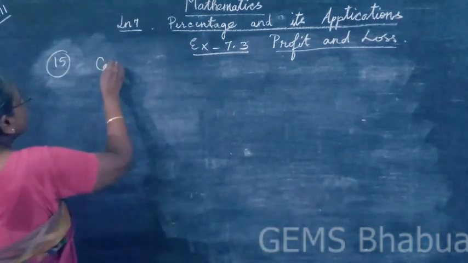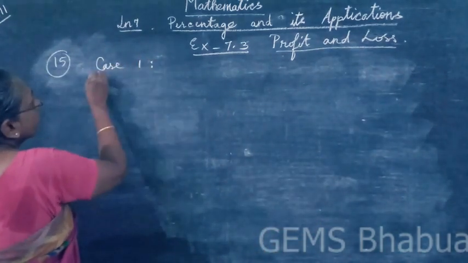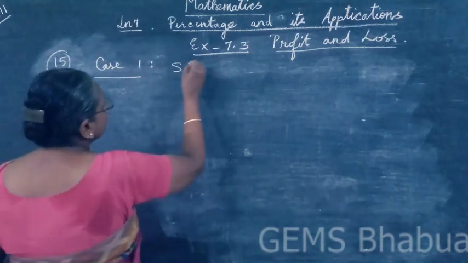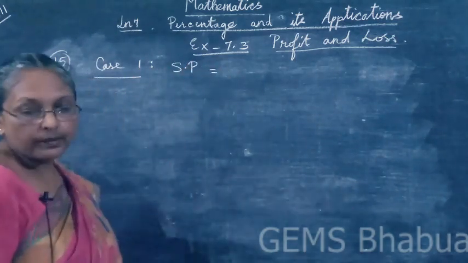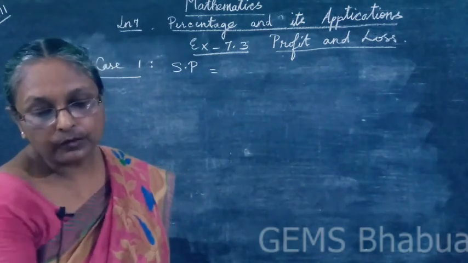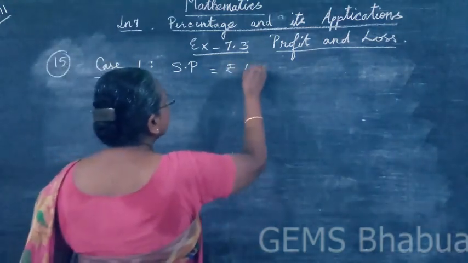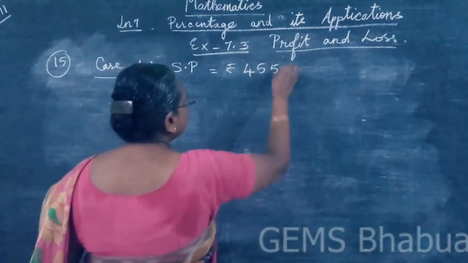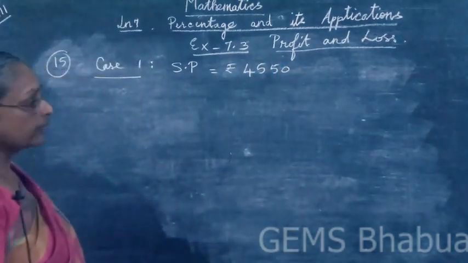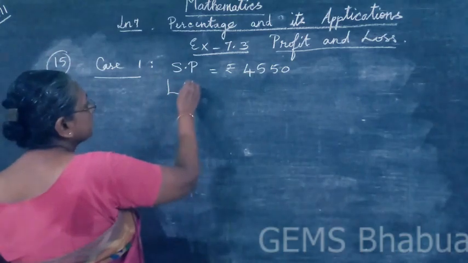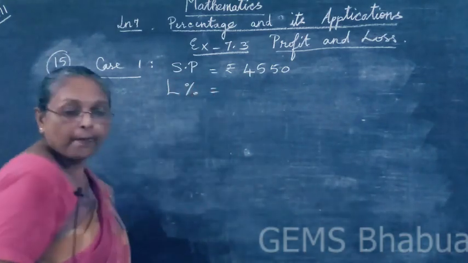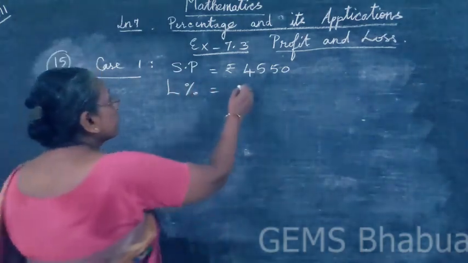So let me take up the first case. In the first case, what is the selling price? The selling price was given to be rupees 4,550. That is the selling price in the first case. And then there was a loss. So loss percentage was given to be 9%.